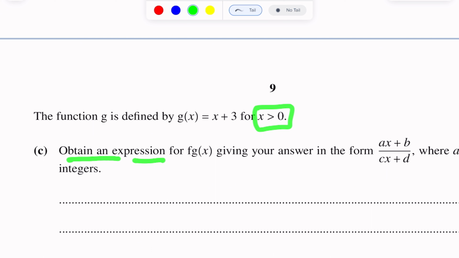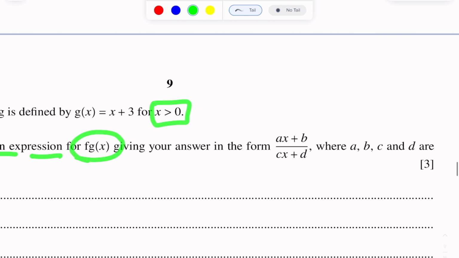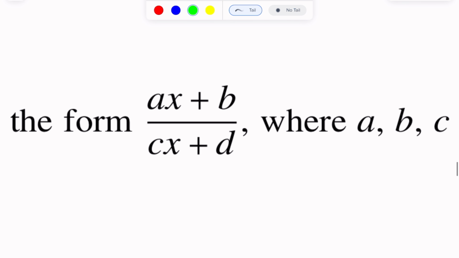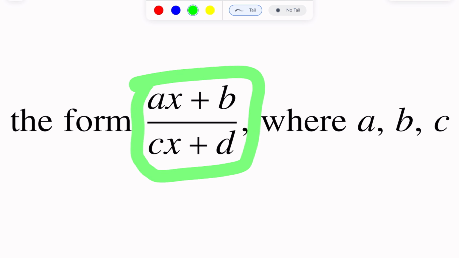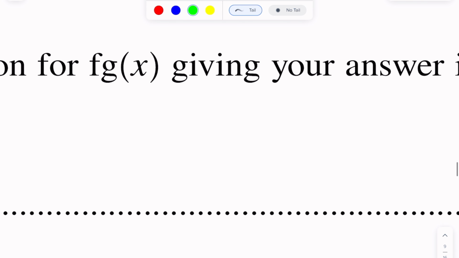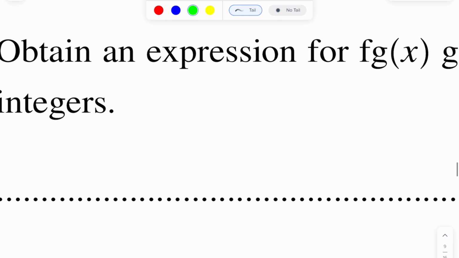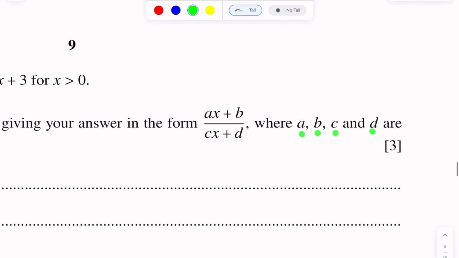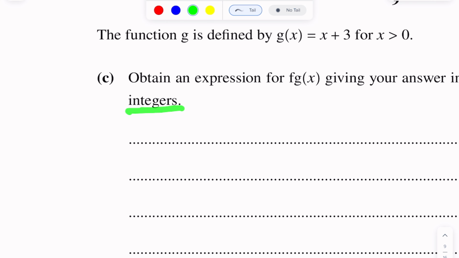Obtain an expression for fg(x), giving your answer in the form (ax + b)/(cx + d), where a, b, c and d are integers.